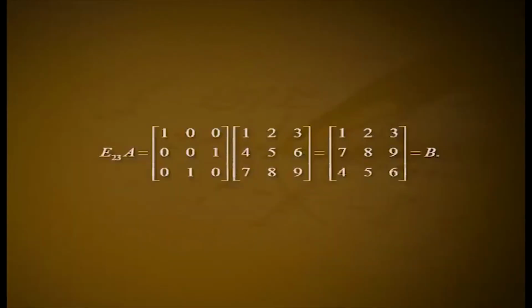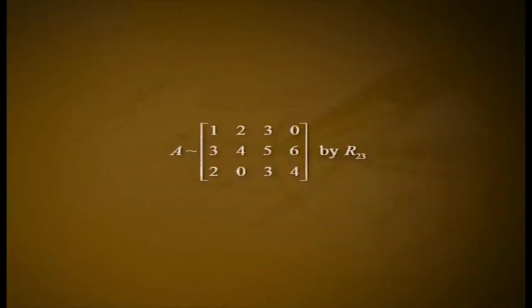E23A = 1, 0, 0, 0, 0, 1, 0, 1, 0 times 1, 2, 3, 4, 5, 6, 7, 8, 9, which equals 1, 2, 3, 7, 8, 9, 4, 5, 6, which is equal to B. Example 6. Let A be the matrix 1, 2, 3, 0, 2, 0, 3, 4, 3, 4, 5, 6.